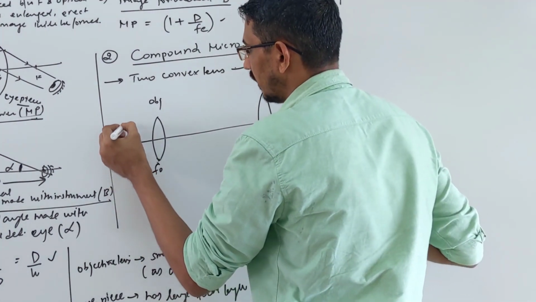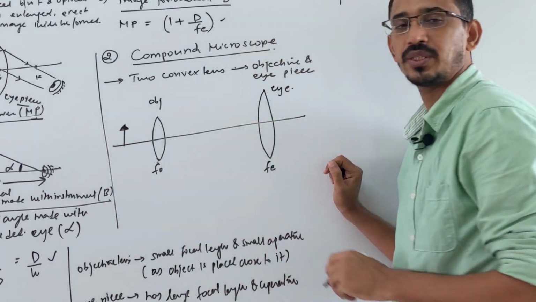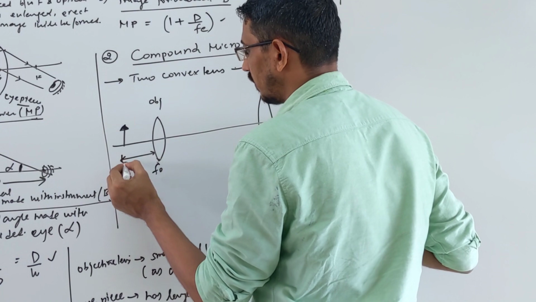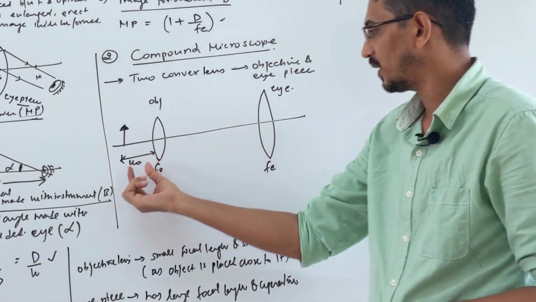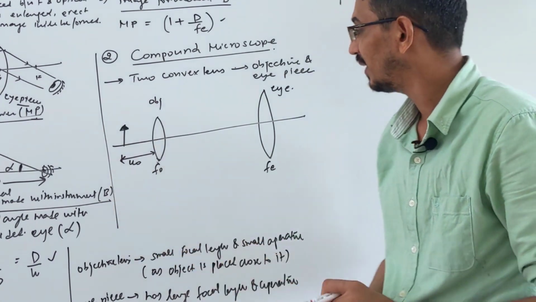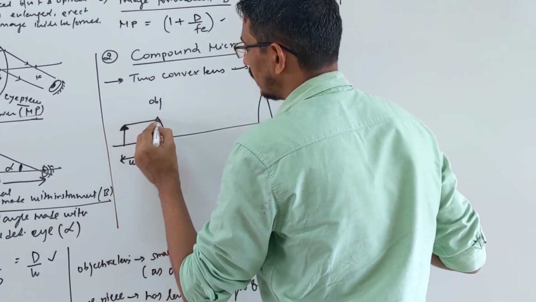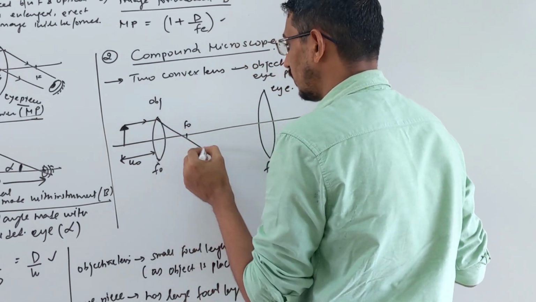So what's the procedure here? We put an object close to your objective lens. That distance is called u naught, the object distance for the objective lens. Let's draw the image. The ray coming parallel will pass through the focus.